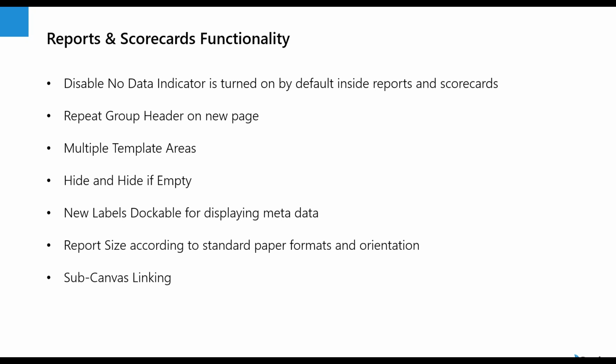You have to go reference your first page again to see what that header was. That's a bit tedious and it's not very easy for users to grab a report and figure out, okay, I've gone to the third page, what does this column mean? So we've added the option to repeat the group headers on a new page.